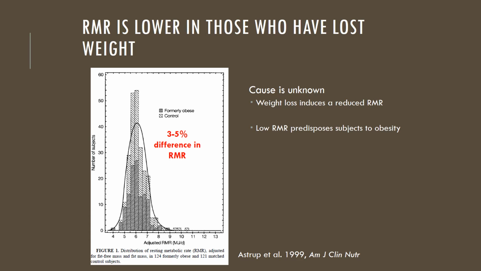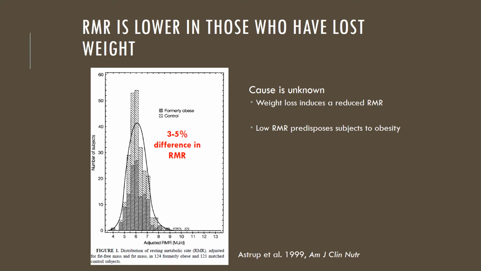A few had a metabolic rate that's a little bit higher. And then the control subjects are these bars here, a little bit different color. So what this is showing basically is that the people who have lost weight, the formerly obese, have a lower metabolic rate than those who have not.